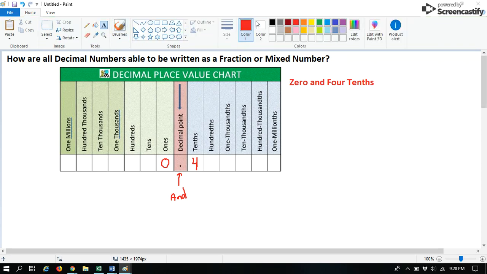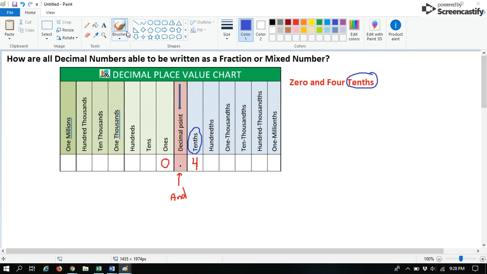So what that tells me is really I don't have any units. I don't have any whole units. I don't have any ones. So all I have are 4/10. Now that I said that, the key word that appears to me is the word tenths. And you notice tenths ends in THS.